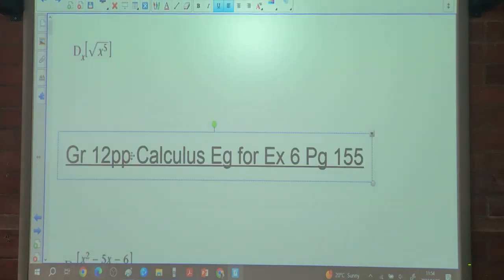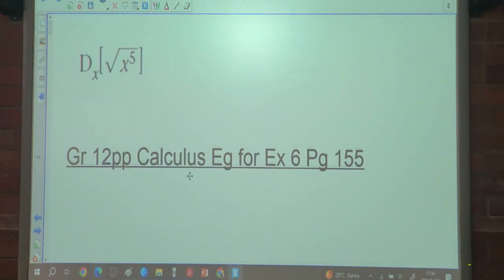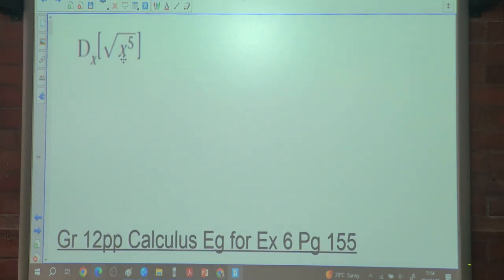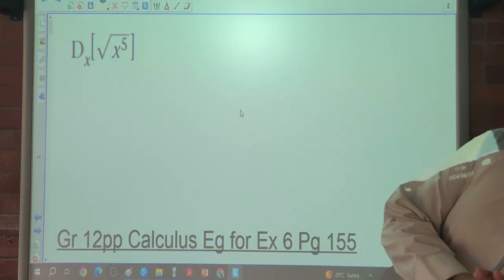Big D, right? What does that mean? What do you think the big D means? Derivative. The derivative with respect to x of the square root of x to the exponent 5.